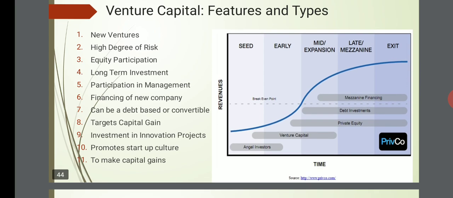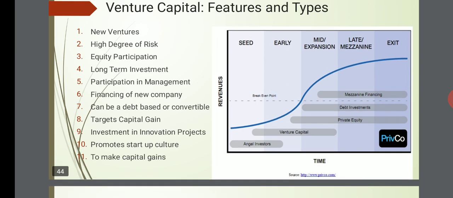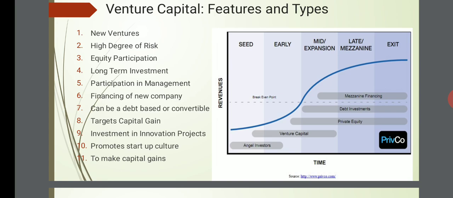If you look into this diagram, in the x-axis we have time, in the y-axis we have revenue, and the whole business cycle is divided into 5 phases: seed, early, mid expansion, late expansion, this is mezzanine, and exit. During the seed, whenever the investment is made, this is known as angel investors.